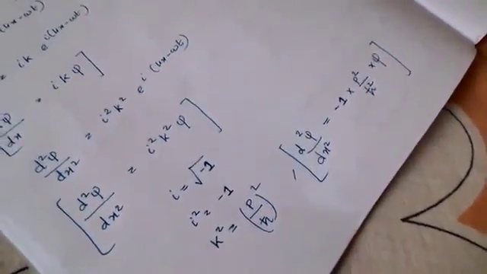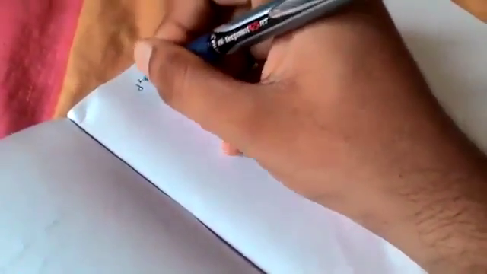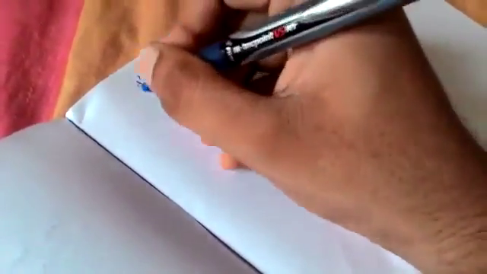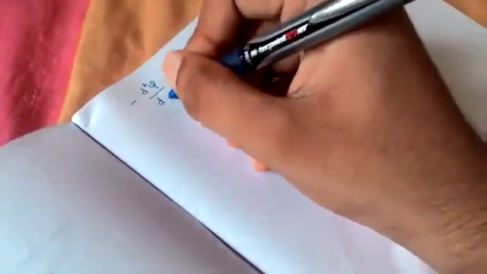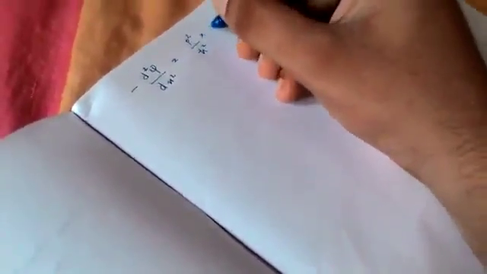Multiplying the equation by a minus, we get minus d squared psi by dx squared equal to p squared by h bar squared into psi.